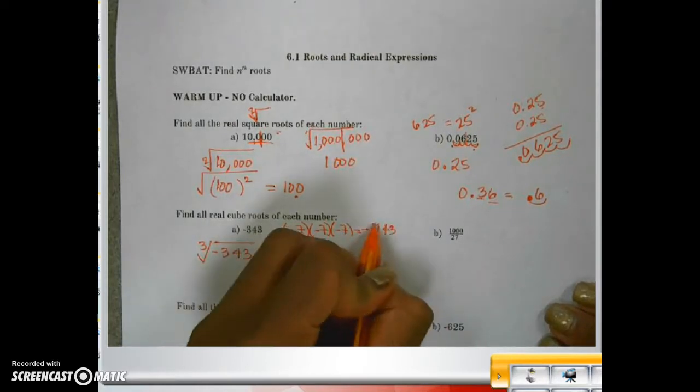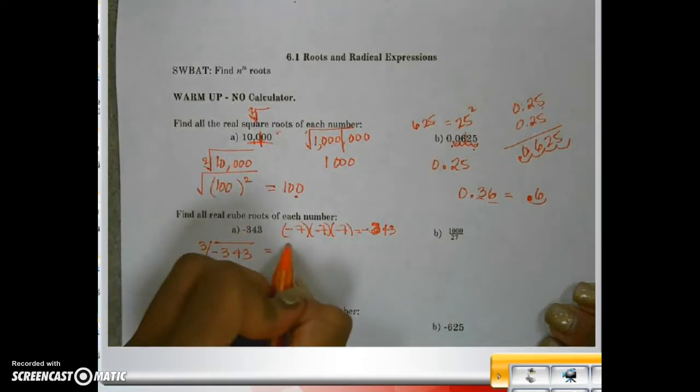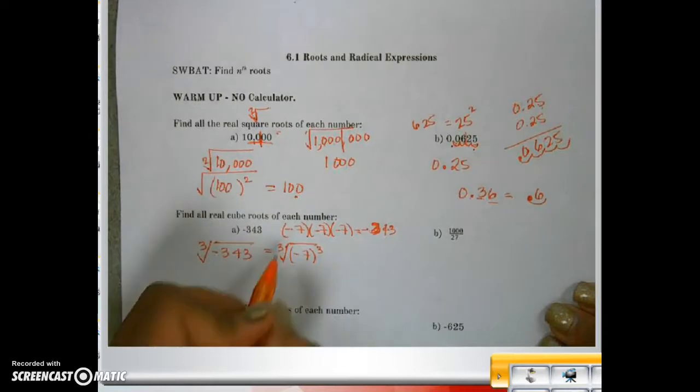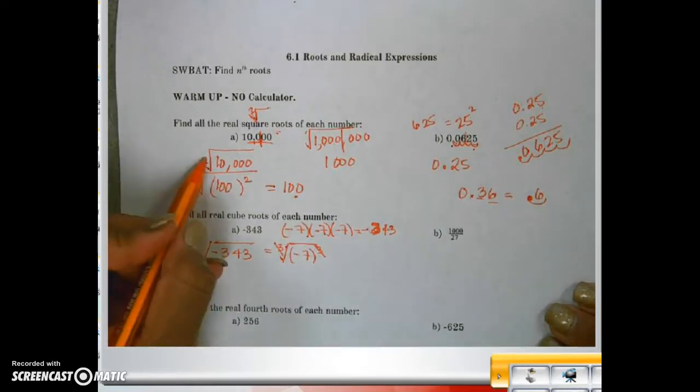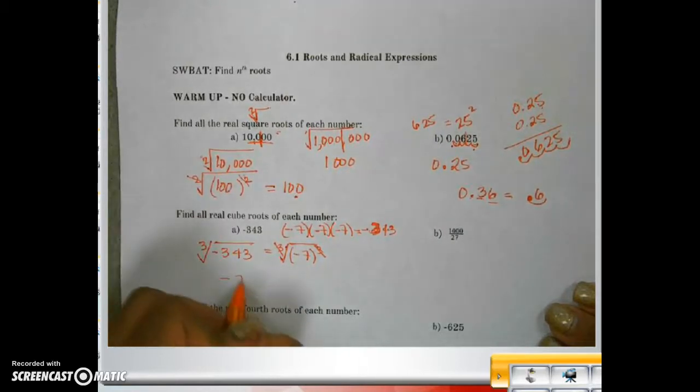Just kidding, -343. So this is the same as the cube root of -7 cubed. These cancel out just like they do in the square root. We just don't always show that these are canceling. So I would get -7 for this one.